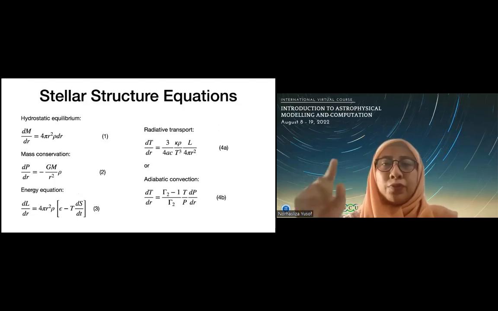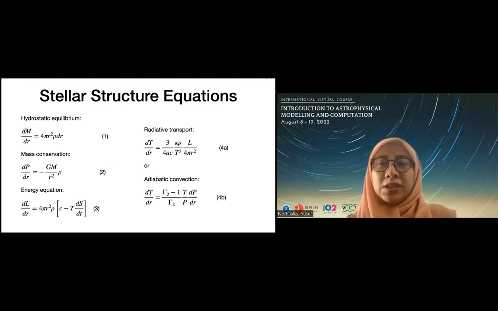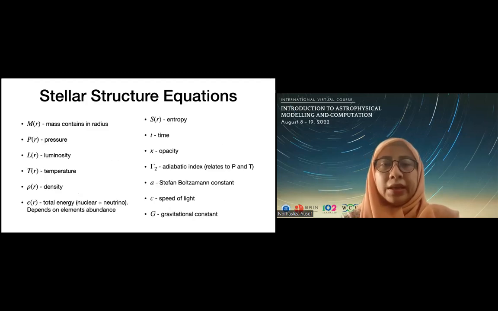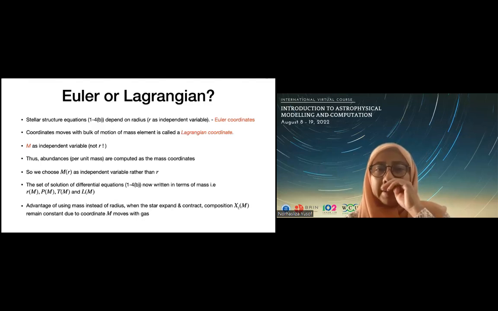It will move from the center to the surface according to the radius. This is what we call R, the independent variable. So we change R, and the other variables change according to R.